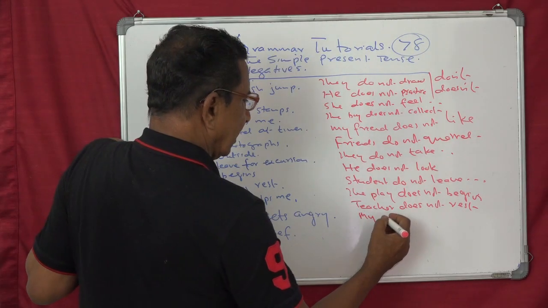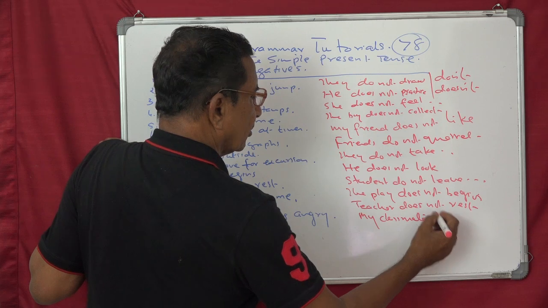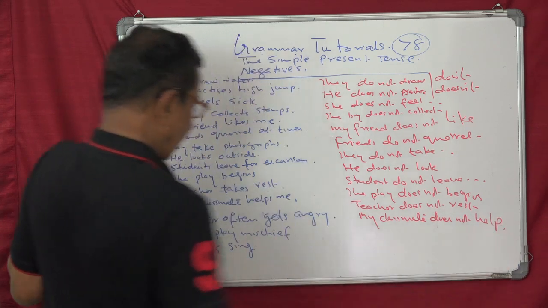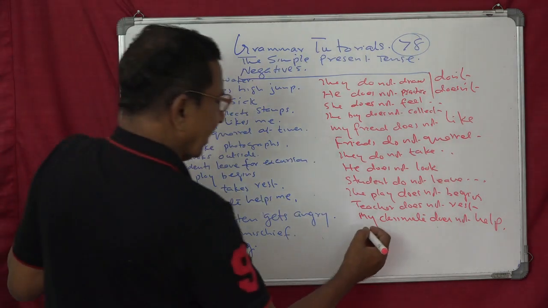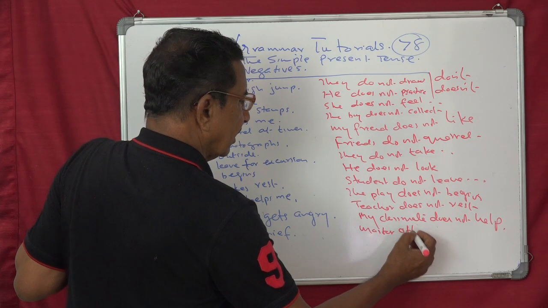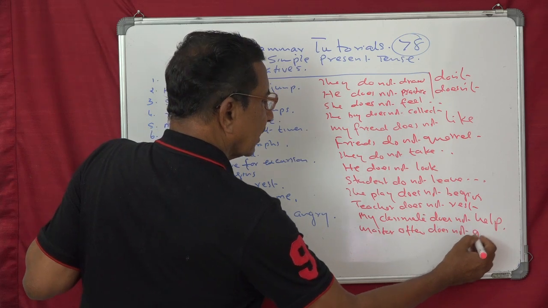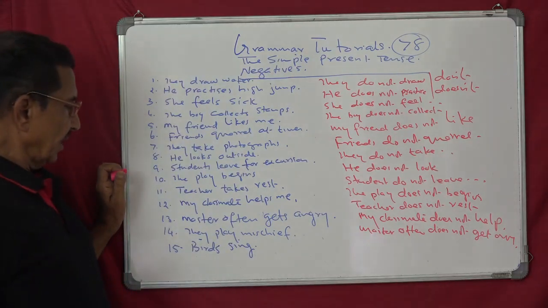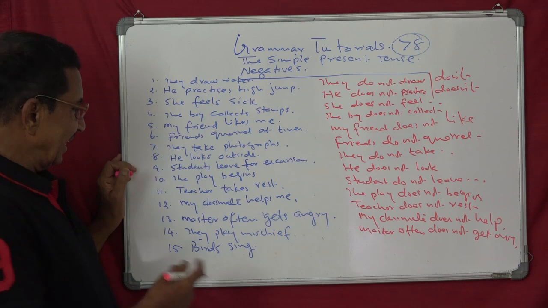My classmate helps me. My classmate does not help because he is a cruel fellow. Yes. Then master often gets angry. Master often does not get angry because he is a man of great tolerance and patience.